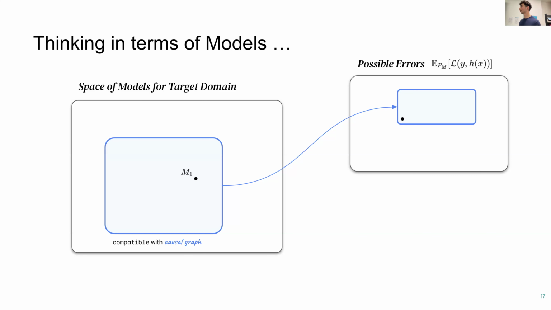I think there's a question in the chat. It says, how is conditional probability in the target and source domain invariant if the functions f_y are invariant? Yeah.